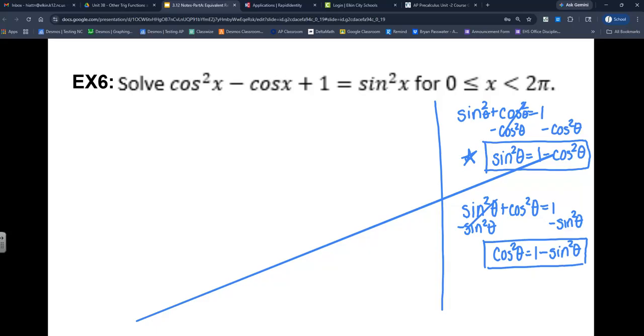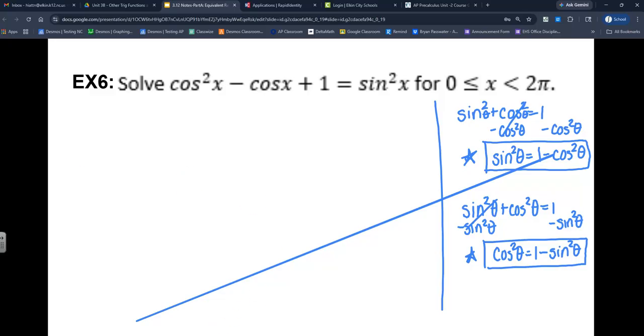This is a fact. I'm not going to have you list them as separate trig identities because it's really just the Pythagorean identity that's been rearranged a little bit. So if I have sine squareds and cosine squareds and I want to get them all to match, I can use these facts to change.